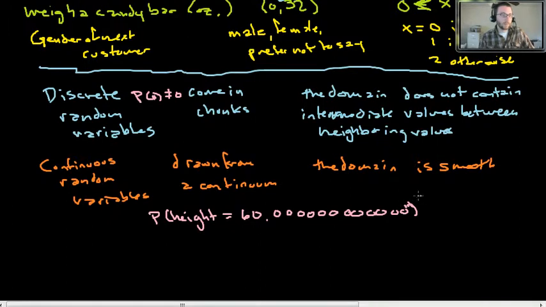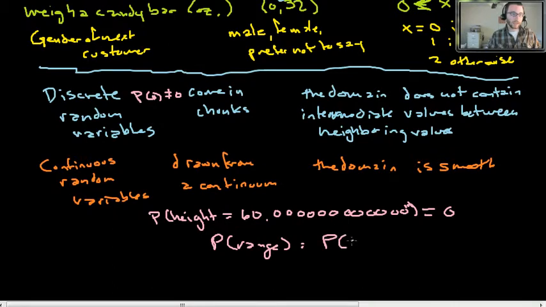And the chance of that happening is vanishingly small. And so this is effectively 0. So when we talk about continuous random variables, we're going to talk about the probability of a range. For example, the probability that somebody's height falls between, say, 55 inches and 65 inches. Right? They're 5 feet tallish. On the other hand, when we talk about discrete random variables, we'll talk about specific values.